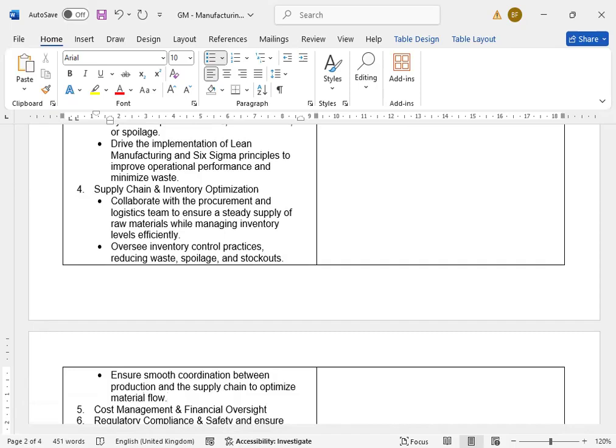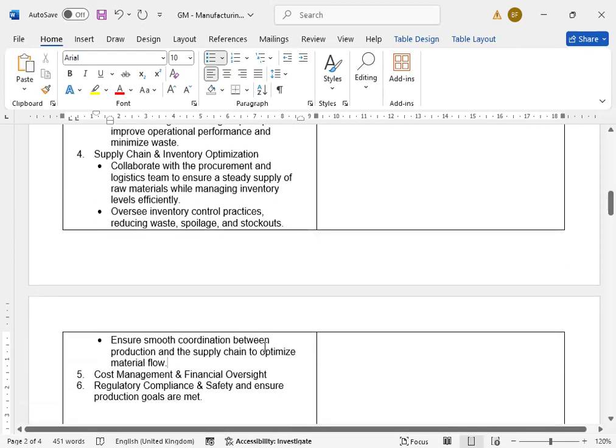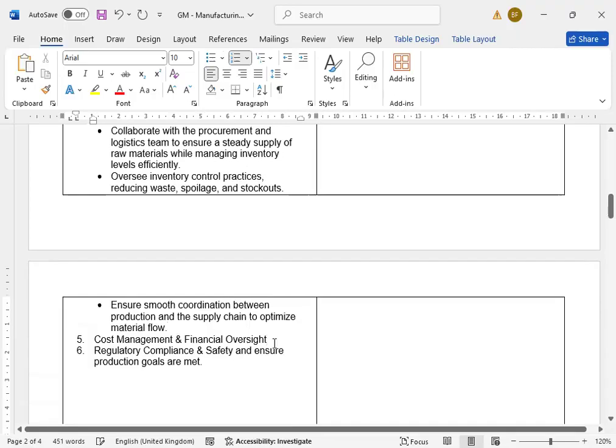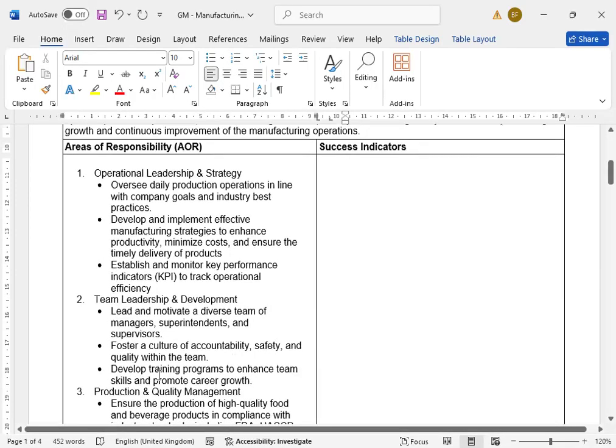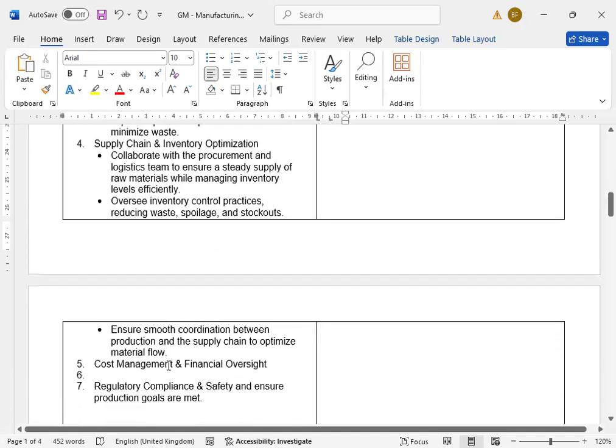Okay, so that would be number 4. So what I'm going to do is a number 5, which is cost management and financial oversight. So again, enter, up, I tab it. I should not tab it.